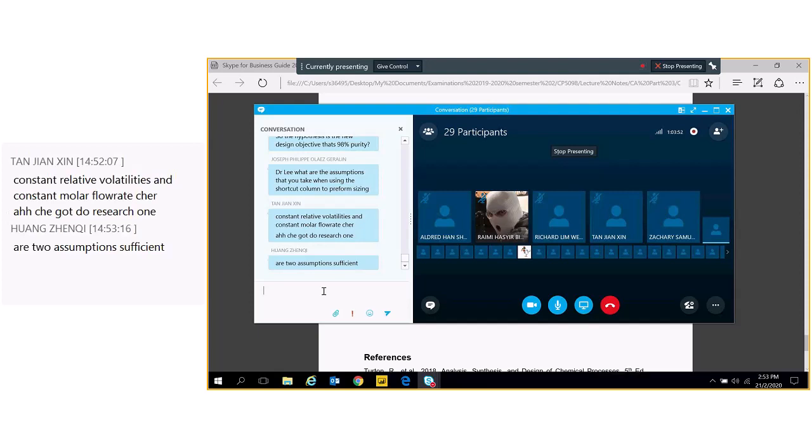Okay, so the question is, are the two assumptions sufficient? These are important assumptions. If you're not quite satisfied with this, then you do more literature search.